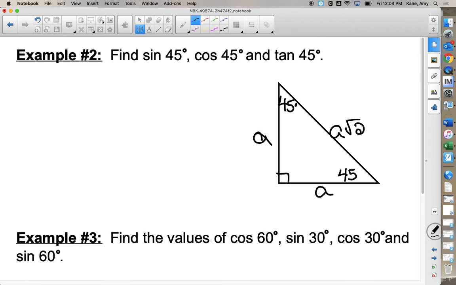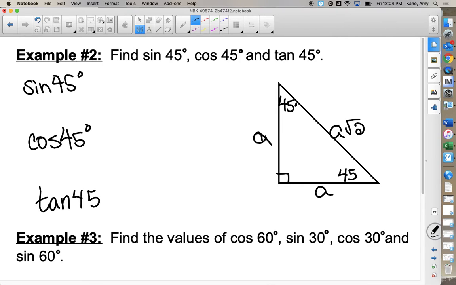So if I want to find the sine of a 45-degree angle, it doesn't matter which 45-degree angle you use because they're both the same. So the sine of 45 degrees, and you may already have this memorized from the unit circle, but this is just giving you another way to think about it.